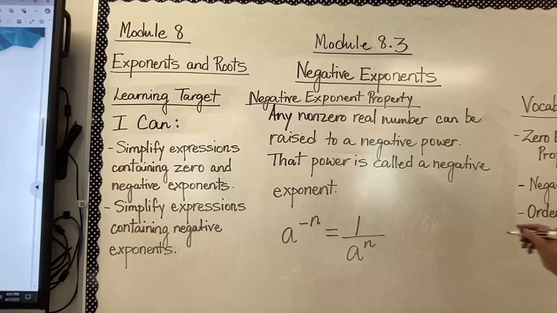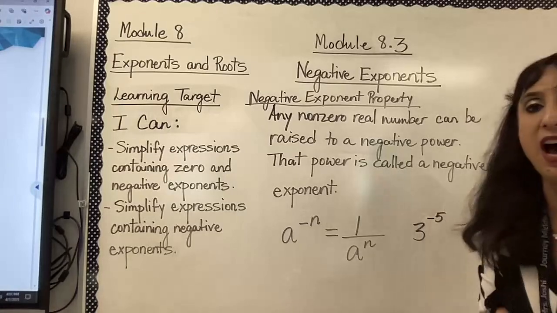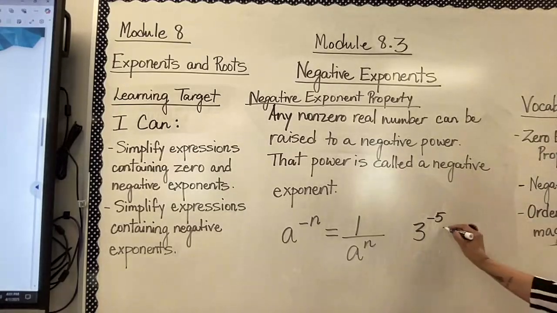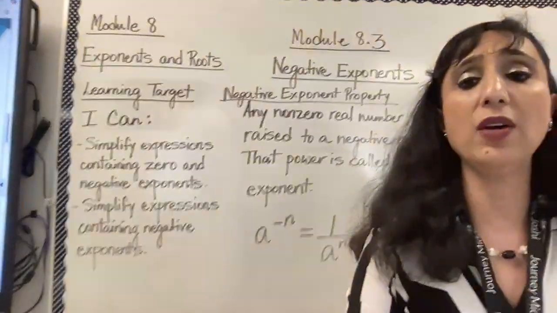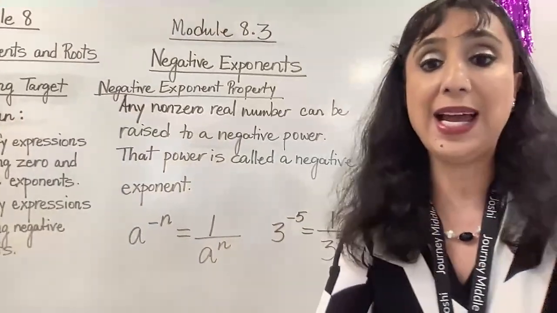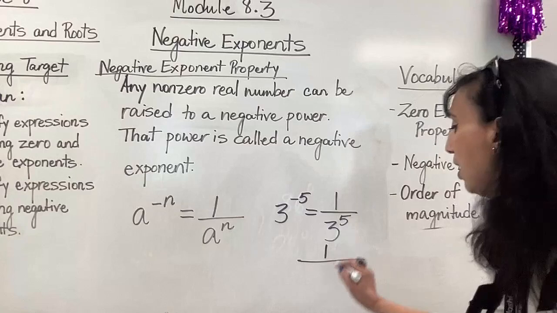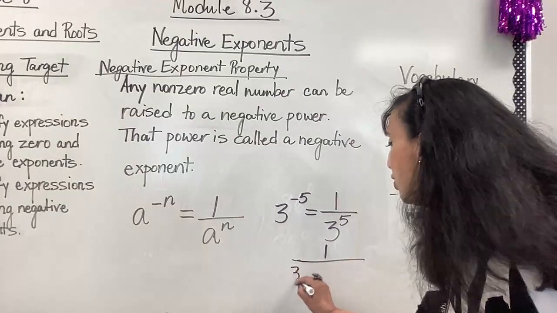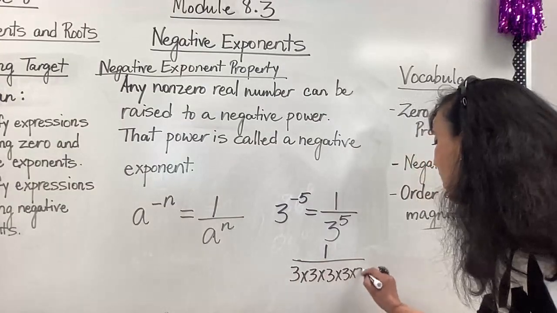For example, if I say 3 raised to the power of negative 5, I am going to write this as 1 over 3 raised to the 5th power. So basically the reciprocal. What does that actually mean? It means 1 over, and I'm going to use the base, which is 3, as a factor 5 times.